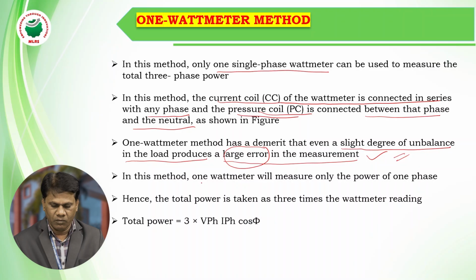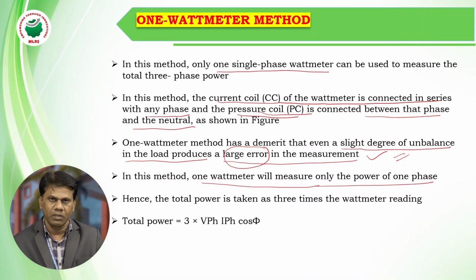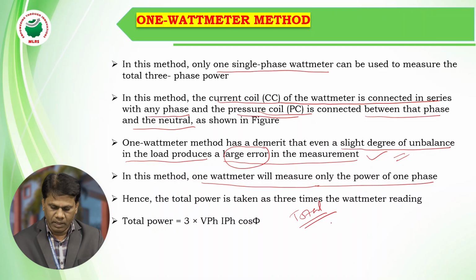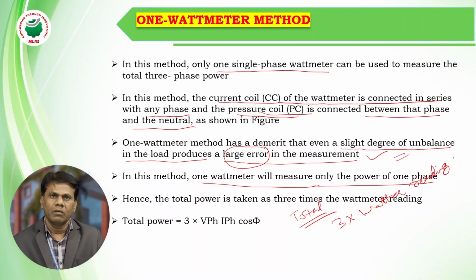In this method, one wattmeter is used for the measurement of power in one phase. So if you want to get the total power, we take 3 times the wattmeter reading of that particular phase.